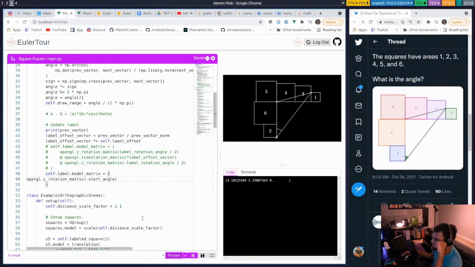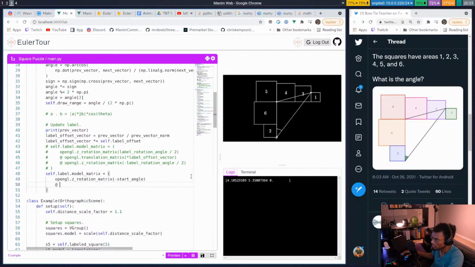So I do this. Now it's rotated. I guess I want to translate it first. Okay. So now it's being translated to here, then it's being rotated.